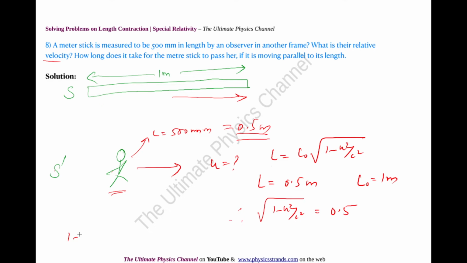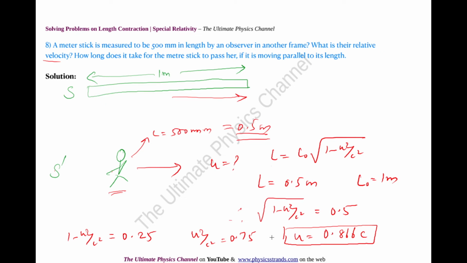Or 1 minus u squared over c squared is 0.25. Or u squared over c squared is 0.75. Or u is square root of 0.75, which is 0.866c. So this is the relative velocity between the observer and the meter stick.